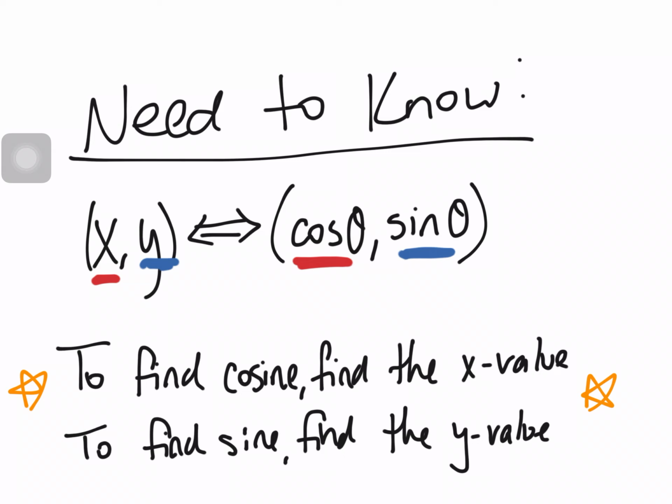Let's get started. So what you need to know for today is that the x values of our coordinate points are going to be equal to the cosines of all of those angles. And the y values at the coordinate points are going to be equal to the sine values at all of our angles. Now, I'm not going to explain why.